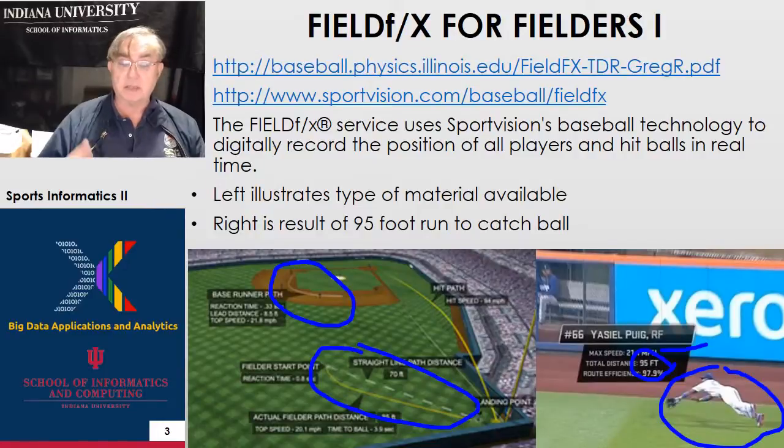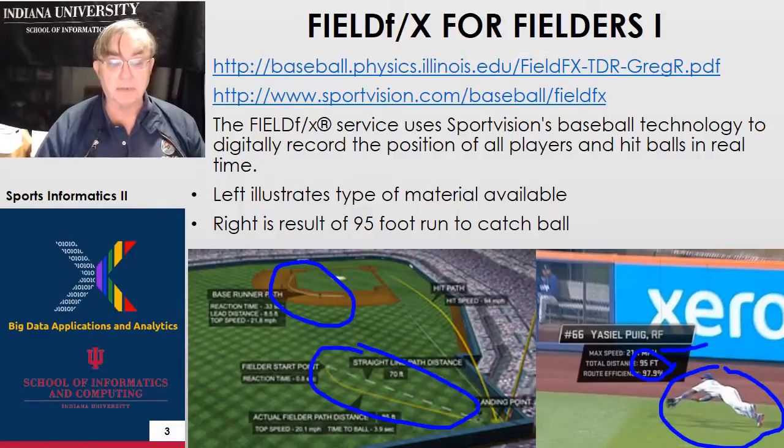So you can say at this type of distance, the probability of catching the ball is whatever it is, which obviously goes down as the distance to run goes up. So this allows you to do very precise sabermetrics-type statistics on fielders.